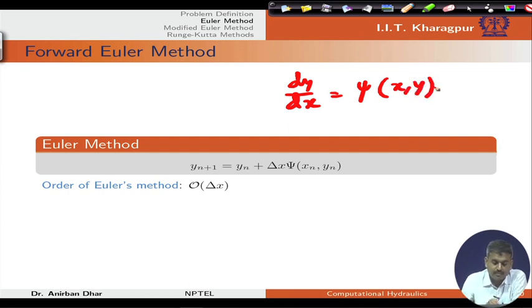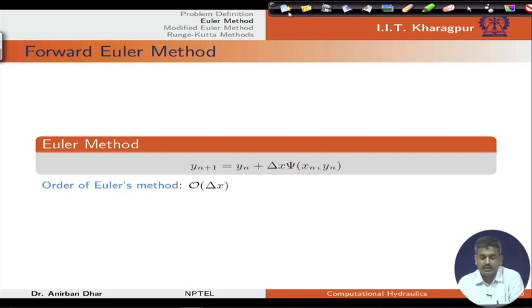Now, if we write this forward Euler method, then this is explicit in nature, because on the right hand side all terms are known terms. So, x n, y n, these terms are known terms.